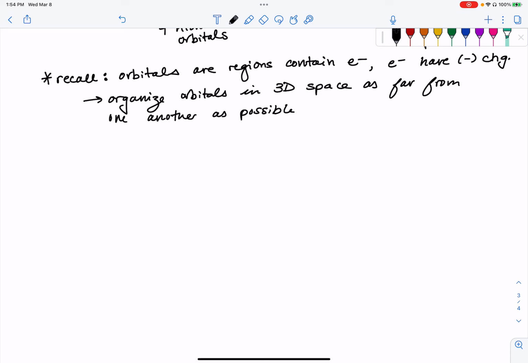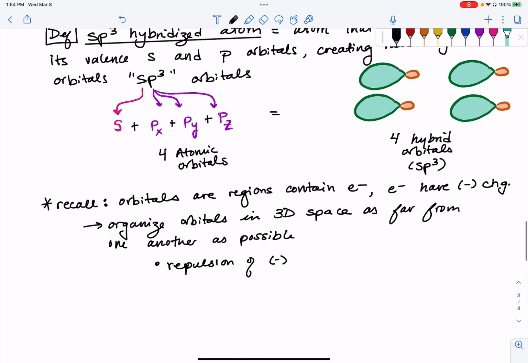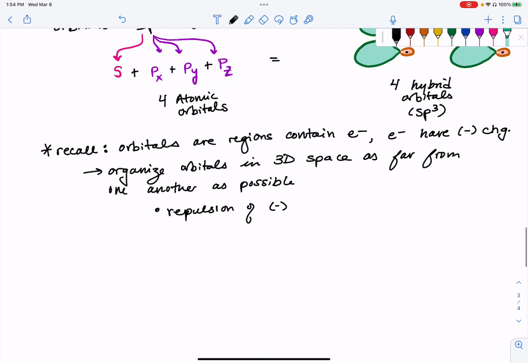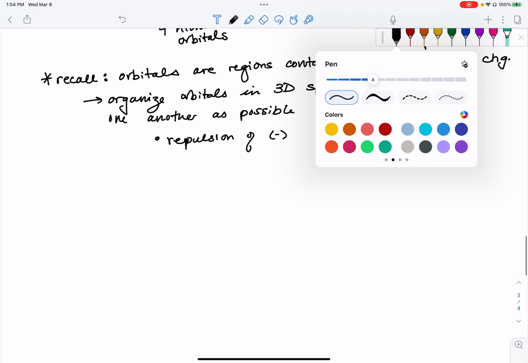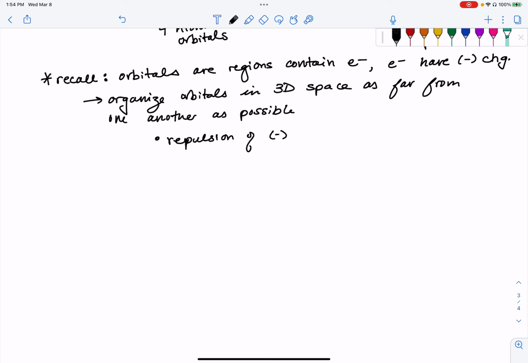And the reason this happens is because we have the electrostatic repulsion of our negative charges on our electrons. So I need to think about a way I can take these four orbitals, where the nucleus of the atom would be pinned here, and I need to combine them in a way that these orbitals are located as far away from one another in 3D space. So in order to do that, I have to think three-dimensionally.